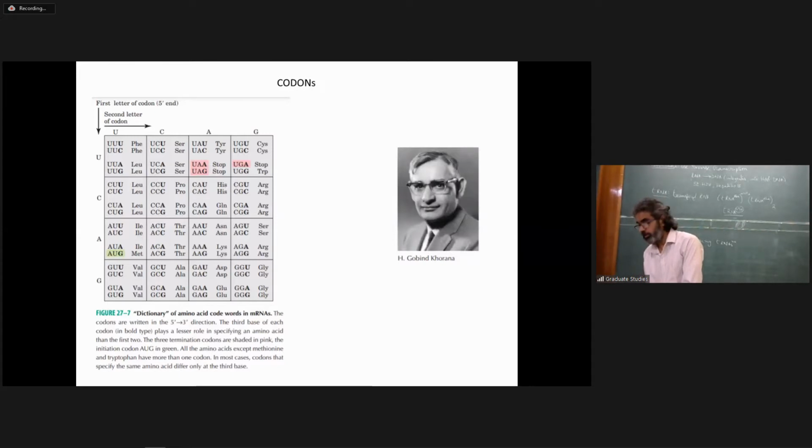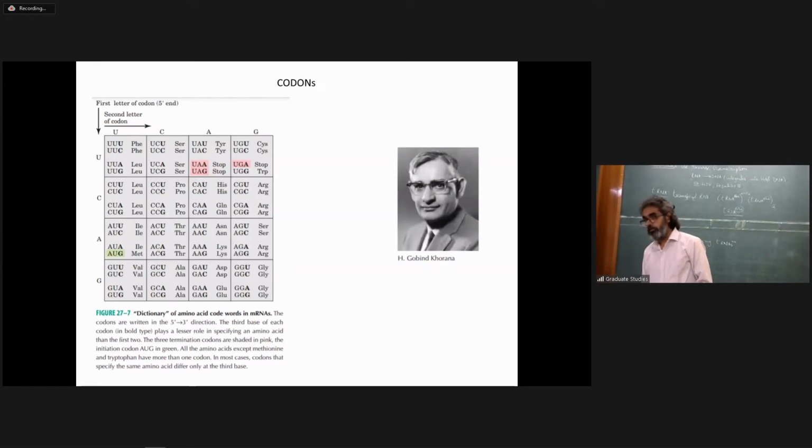Whether it is 2 or 4, if you read Khorana's work, he used dinucleotides making poly-AC, poly-U, poly-A, a variety. That is actually his contribution: how to synthesize oligonucleotides of a known sequence synthetically, so that you can use them with tRNA binding, because tRNAs could be separated. That led to the finding that 3 bases are good enough.